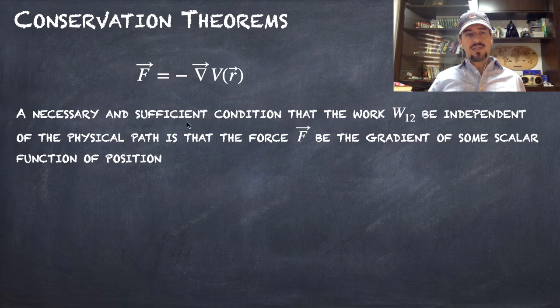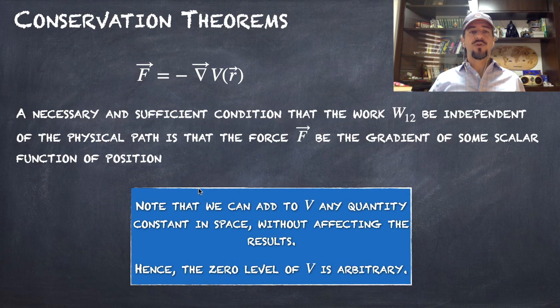So again, a necessary and sufficient condition that the work W12 be independent of the physical path is that the force be the gradient of some scalar function of the position. Note that we can add to V any quantity constant in space without affecting the results.